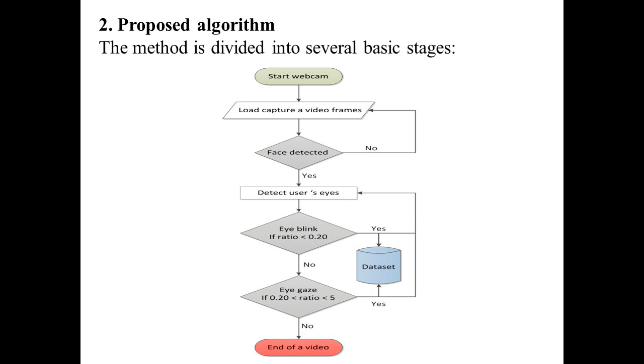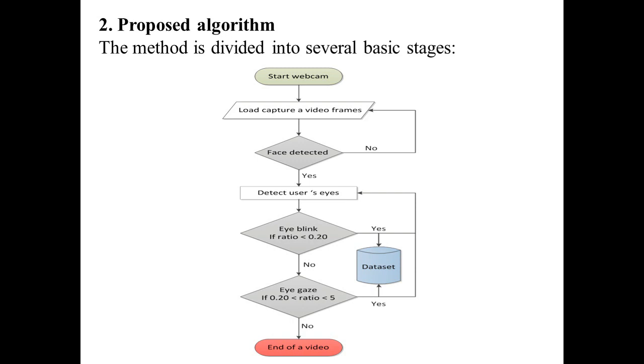Second, the proposed algorithm. The method is divided into several basic states. At the start, the software initializes to capture video frames from the webcam. The system recognizes the user's face in the video and converts the image to grayscale to aid facial landmark detection, as shown in the flowchart in the figure.